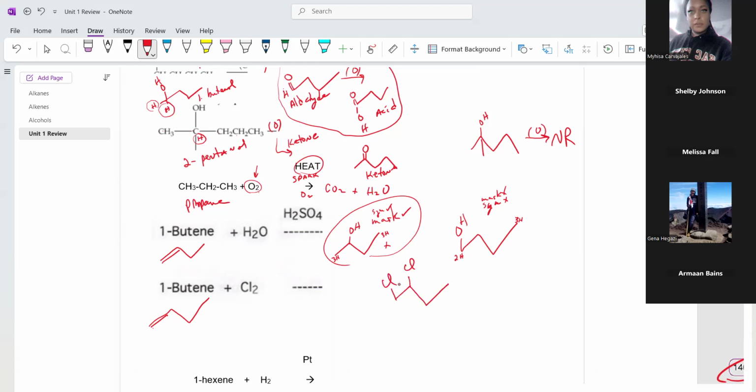Oh, we need to name this too. This is going to be 1-butanol. This is going to be dichlorobutane.